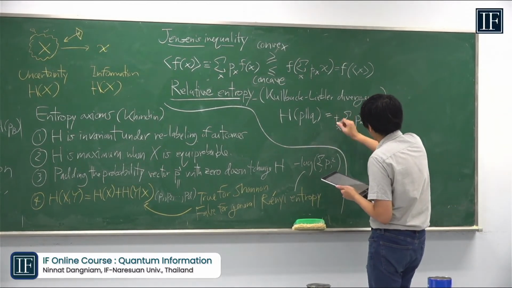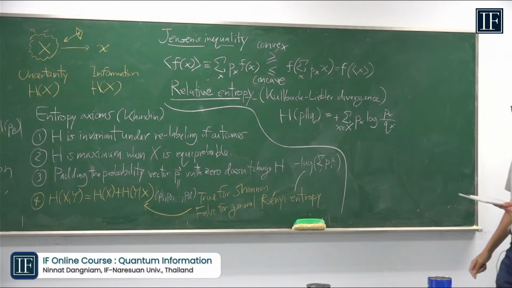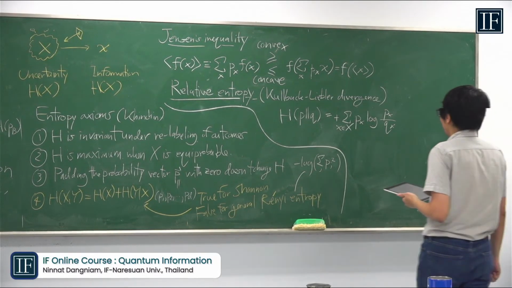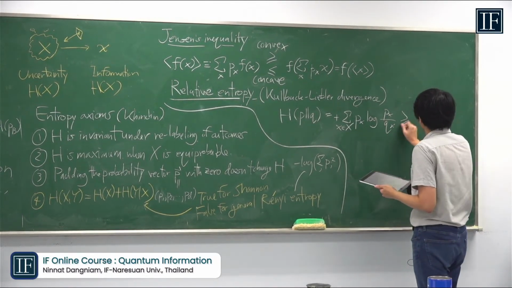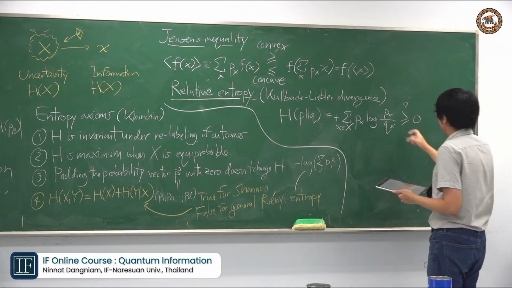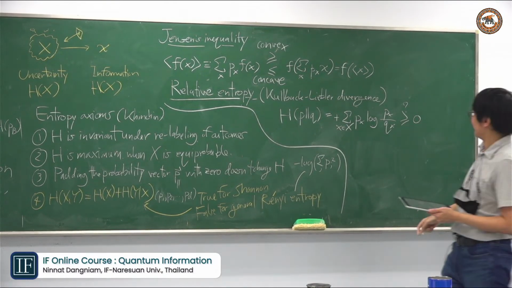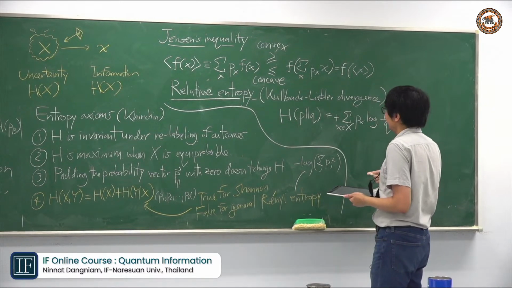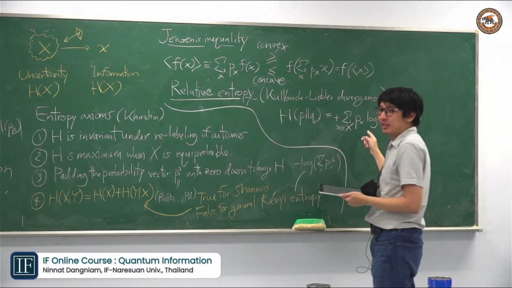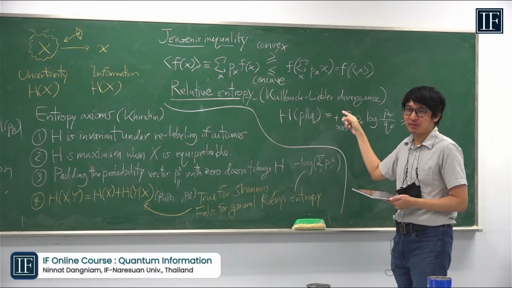Wikipedia said this is plus. But we'll see, because this has to be positive, and so we can use Jensen's inequality here and see if this has to be plus or minus.